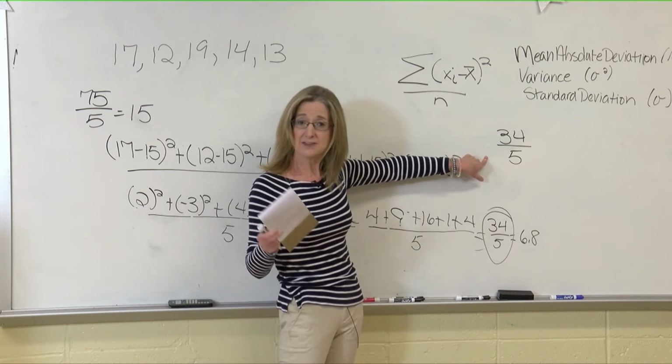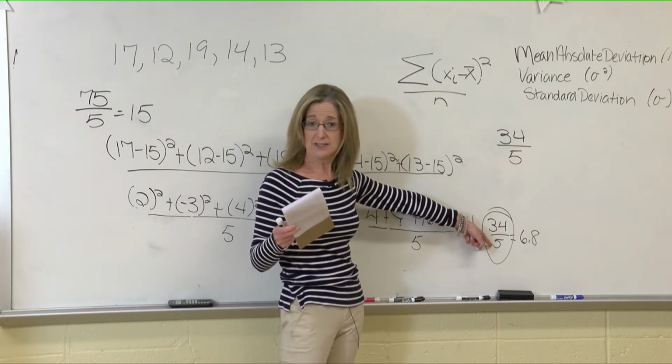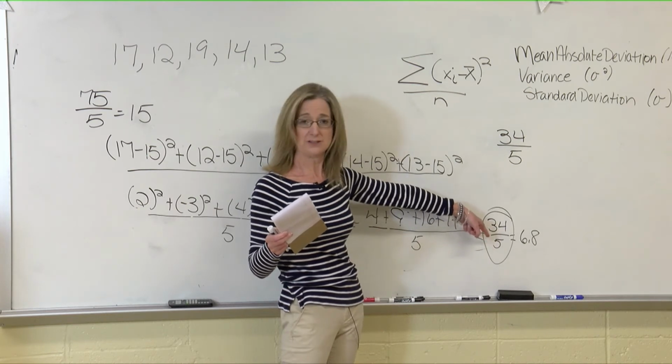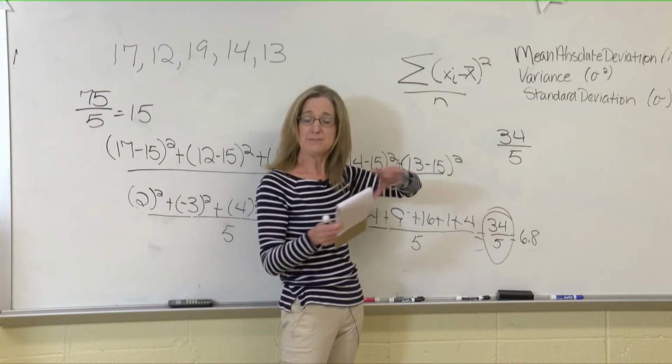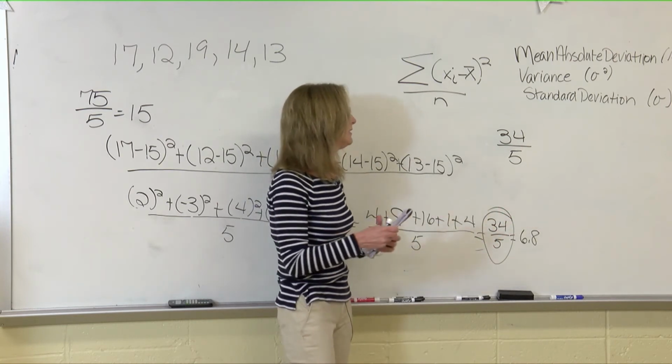But don't take the square root too soon. If you round to get your variance, don't use the rounded number to find your standard deviation. Keep the whole number in your calculator.